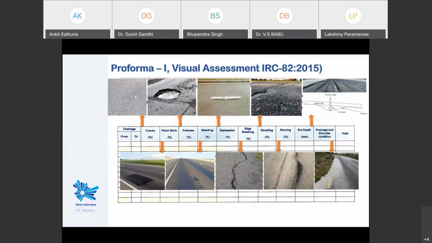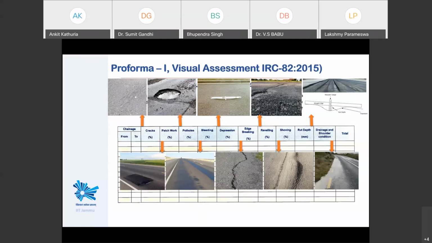Then comes the rut depth. Rutting usually happens due to subgrade failure. As your subgrade fails, rutting happens on the surface because of that, because it's a bottom-up kind of failure. Rutting as per IRC 82 is measured using a straight edge of 3 meters.